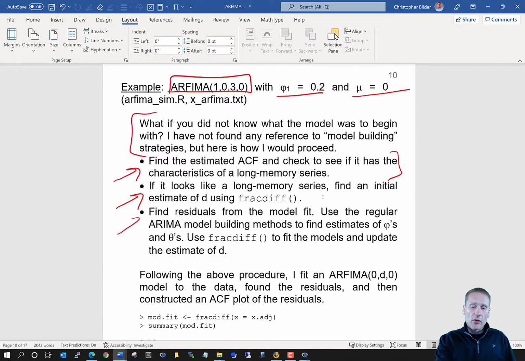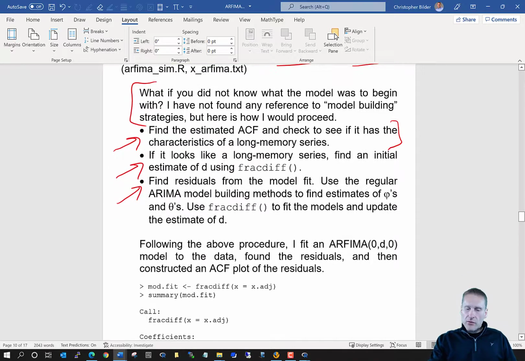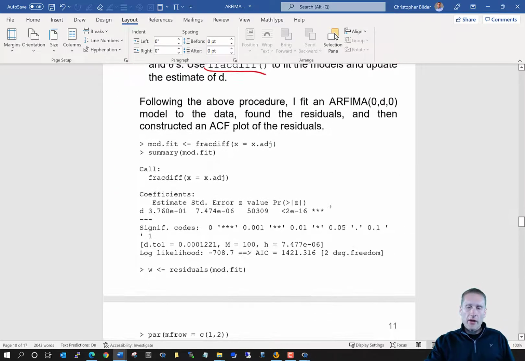Then get the residuals from that particular model's fit, and based upon what you see for the residual ACF and the residual PACF, you approach it very much in the same way that we've done with the ARFIMA modeling, where you look at those plots to make decisions of, okay, what should I use for p, what should I use for q? Then use fracdiff to estimate these new potential models that will update the particular values for d as well. Okay, so let's approach this in this same way.